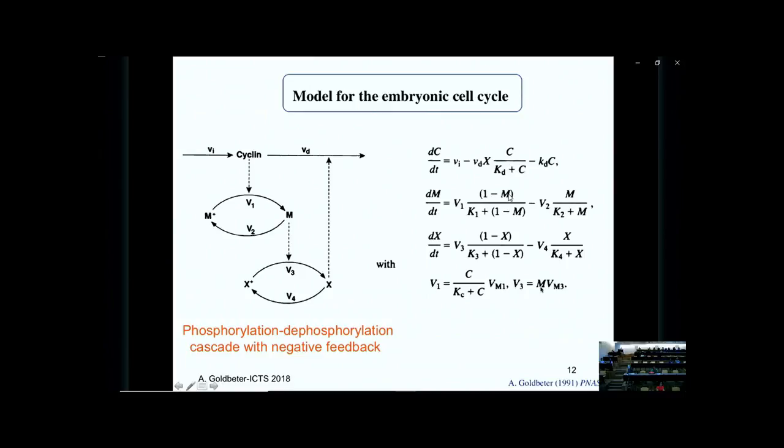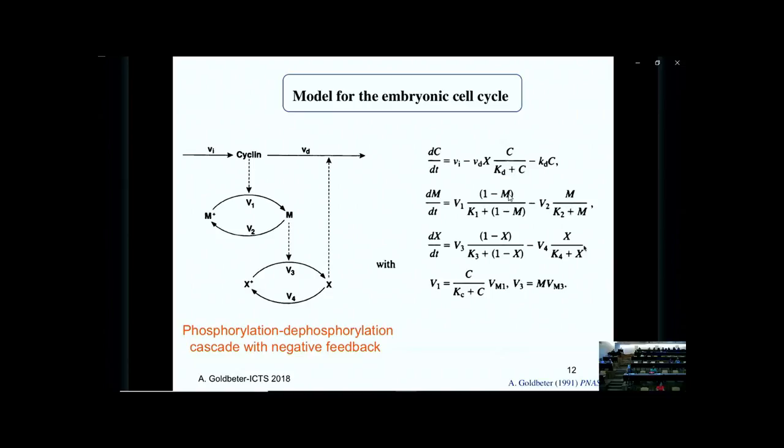If there is no active CDC2, this rate is 0. And if the CDC2 kinase is fully active, then the rate is the maximum rate Vm3. So V3 is the phosphorylation rate of the protease, and V4 the dephosphorylation.